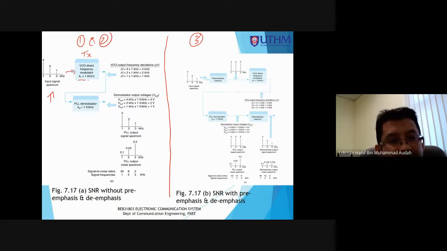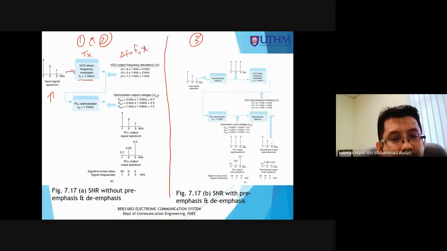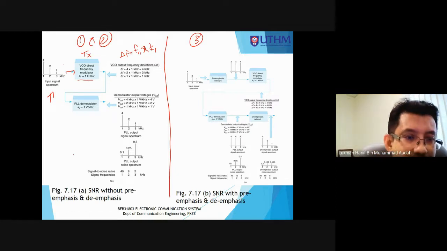Modulator ada transfer function K1. So in order to get delta F, so delta F is equal to F of n multiplied with K1. Okay. Sebab tadi so that you kena darab, not F, sorry.